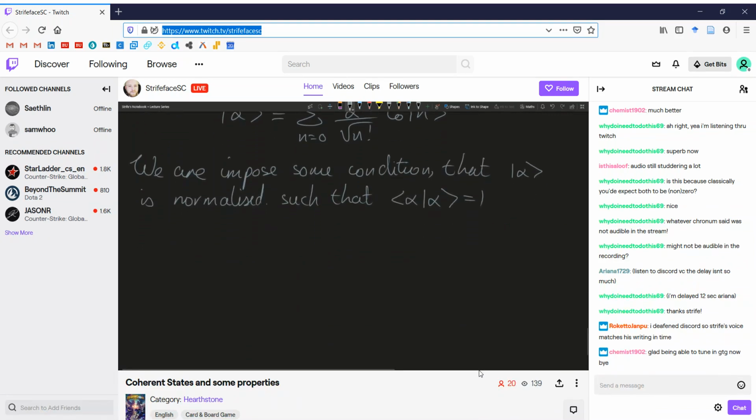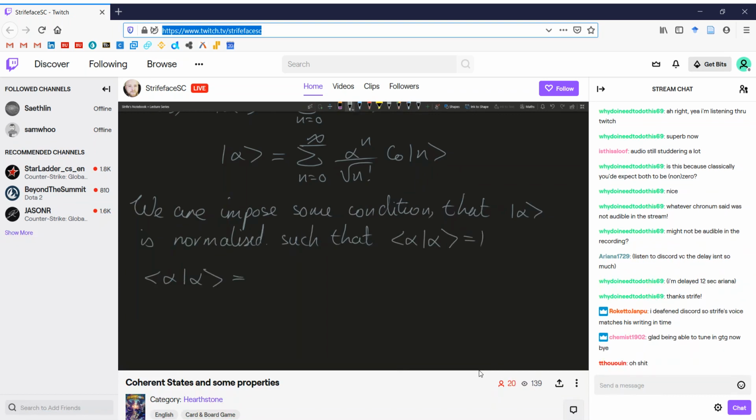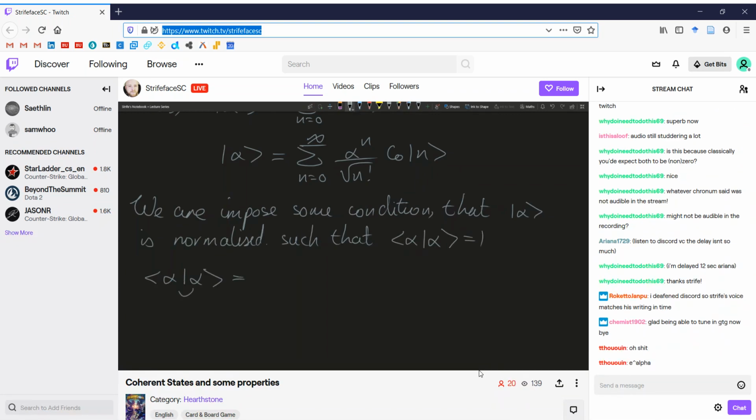So we can do alpha, alpha, which is going to be equal to, when you take the bracket, you need to take the conjugate of all the components. So we're going to end up with a C naught star, C naught. We're going to get the sum over n. Now we need two summation indexes.